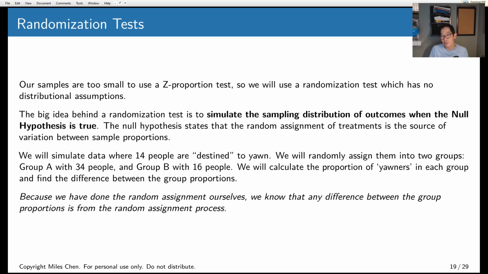It had nothing to do with anything else because all we did was shuffle them up. Because we did the random assignment ourselves, we know that any difference we see between this group and this group is because of just the random assignment process, nothing else. And so we can see what kind of differences we end up getting through the randomization process.